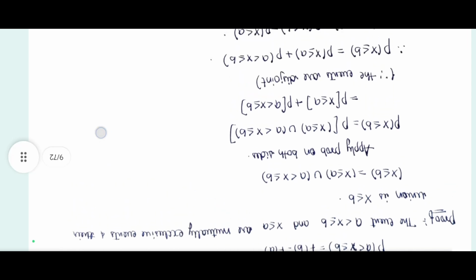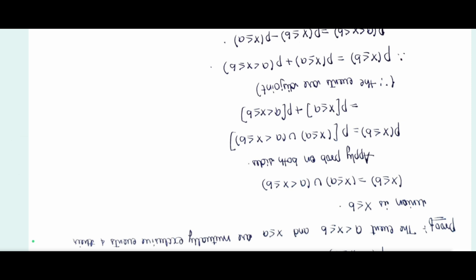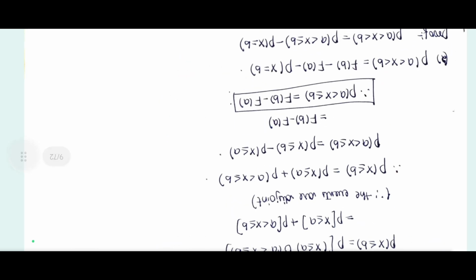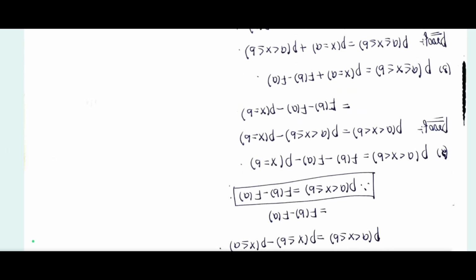Applying probability on both sides, by the addition theorem of probability or the axiomatic probability definition, P of X less than or equal to a plus P of a less than X less than or equal to b. The events are disjoint. So this is F of b minus F of a. Hence the theorem is proved, the probability is F of b minus F of a.